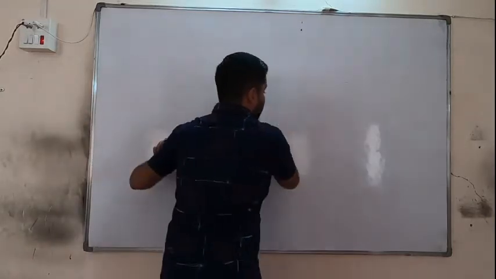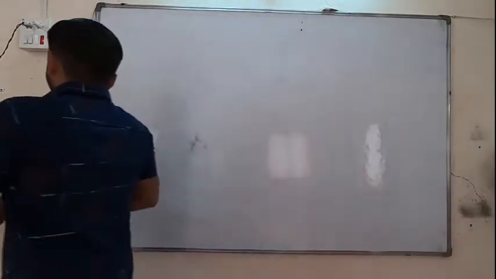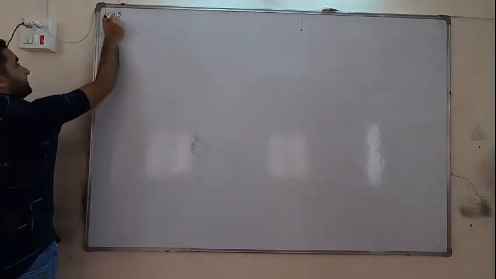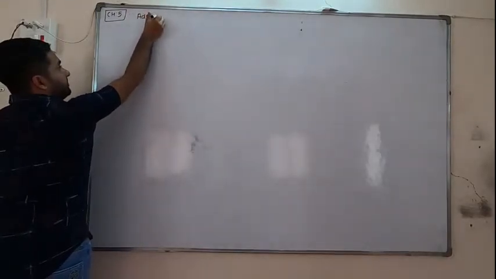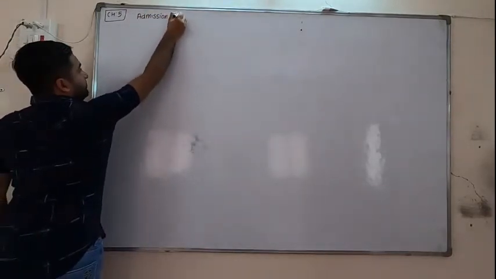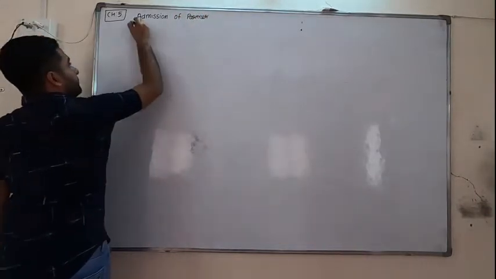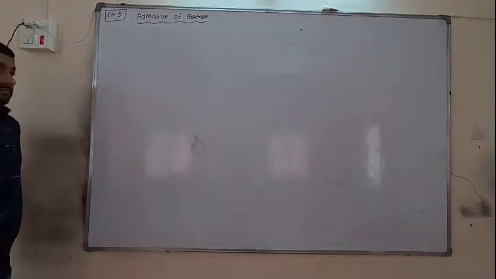So we are starting. Write the name of the chapter. Chapter number 5. Admission of partner. Okay.